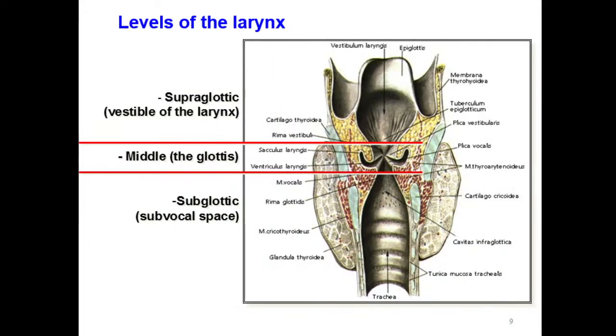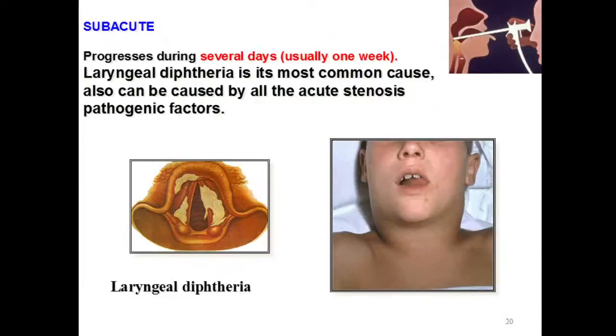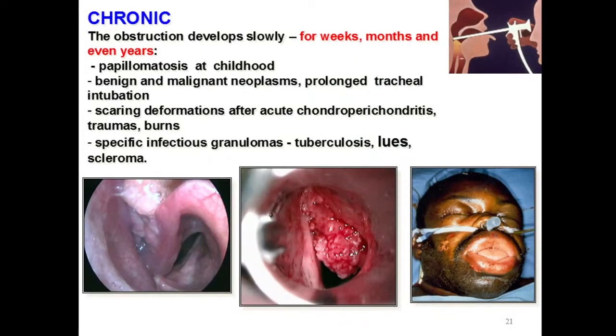So usually the cuff of the intubation tube is localized here, and prolonged pressure of such a tube on the mucosa of the larynx and prolonged presence of this tube between the vocal cords lead to chronic trauma of the vocal cords and of the mucosa of the subvocal space.